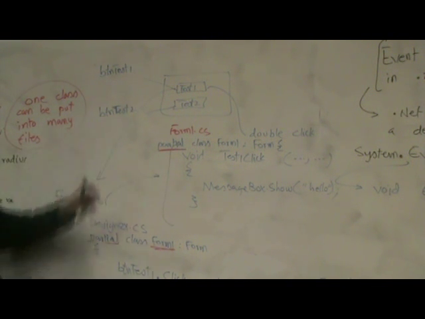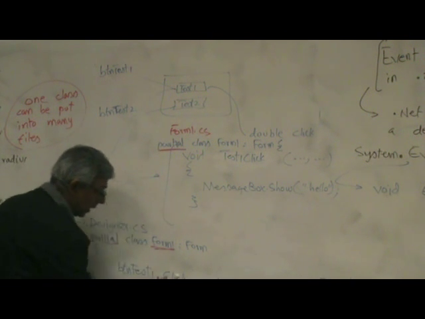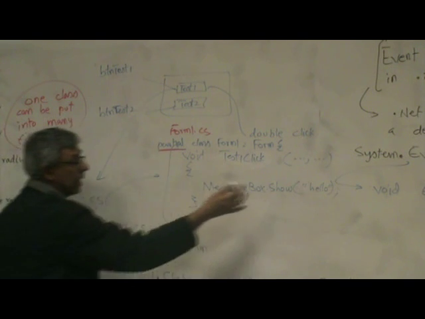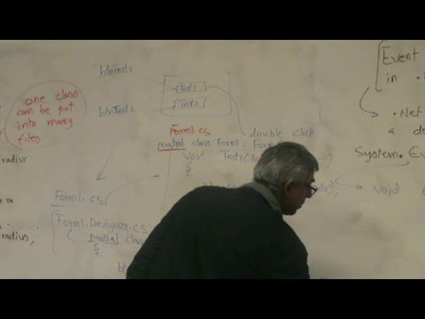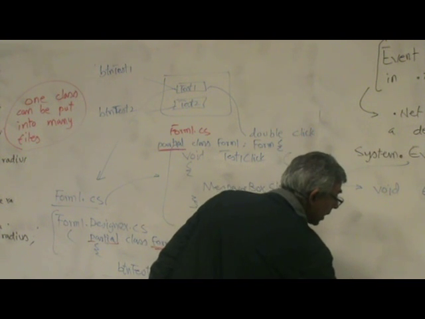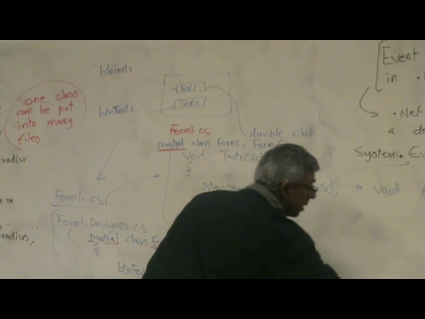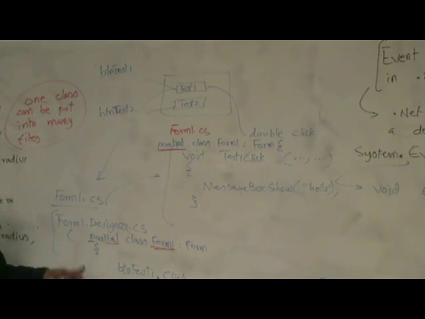So as soon as you double click on it, it does a plus equal to on the click, which is a delegate of event handler type, and says this will be btn test1 underscore click. So Visual Studio generates this code as soon as we double click on the test1 button.